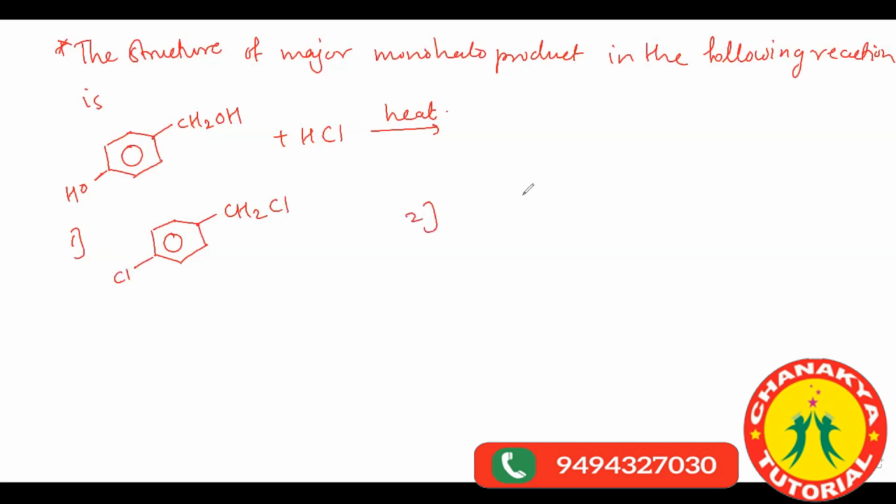Second, again resonance hybrid. Cl, CH2OH. Here it is OH. Third, resonance hybrid of benzene.